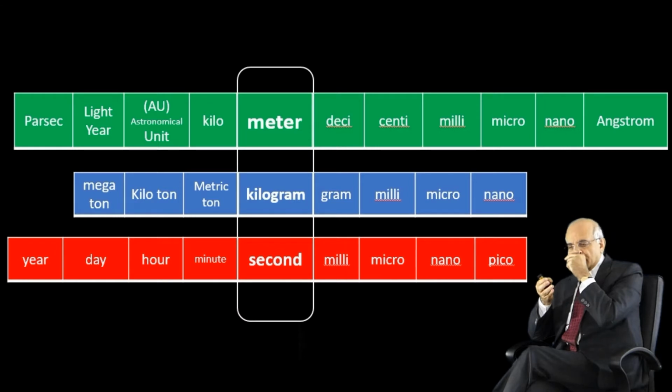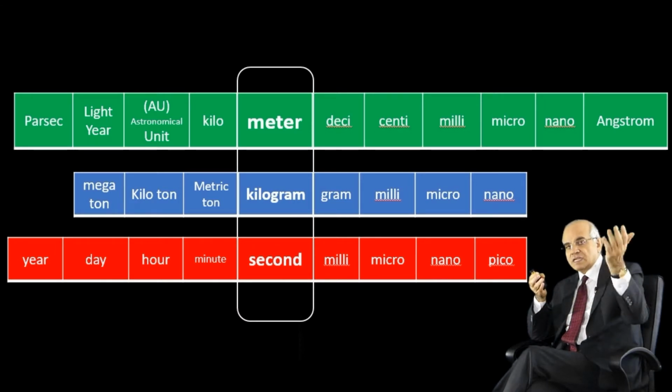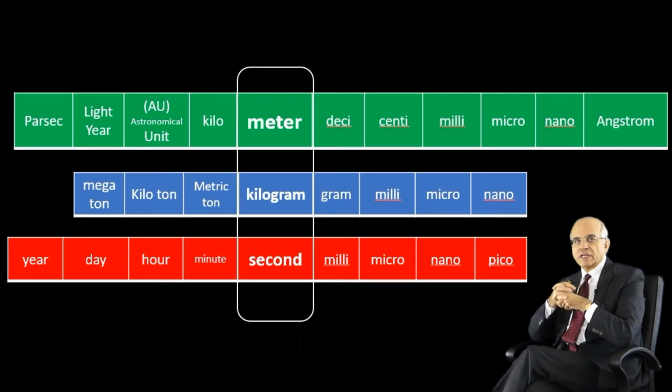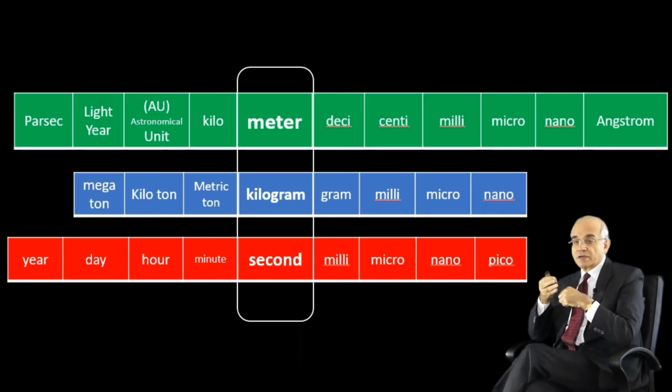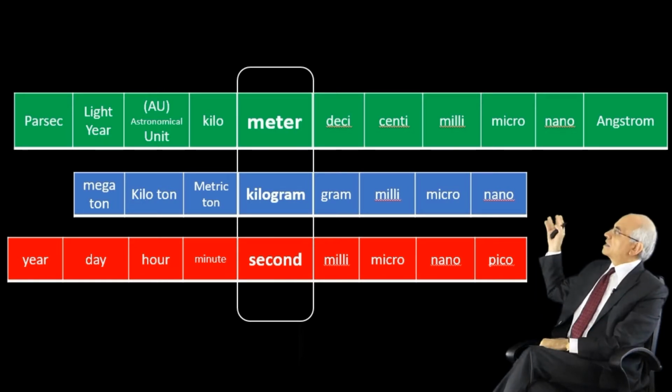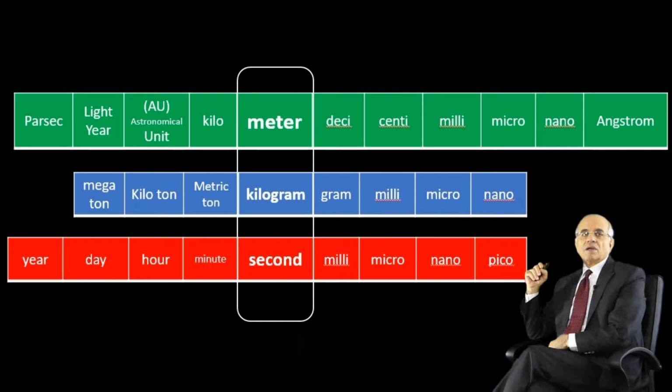We call that the astronomical unit. What's bigger than that? Bigger than that is a light year. A light year is something that I will show you shortly, so I'll not say anything about it now. And bigger than that is a parsec, which I will also explain to you a little bit later. Okay, so that's distance.